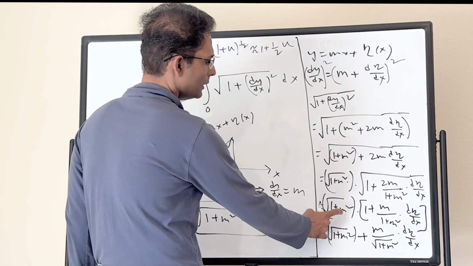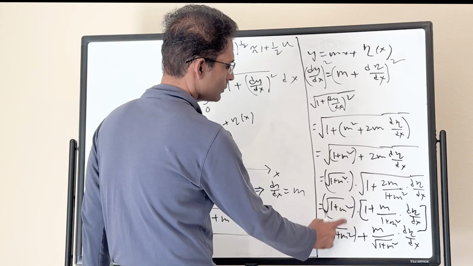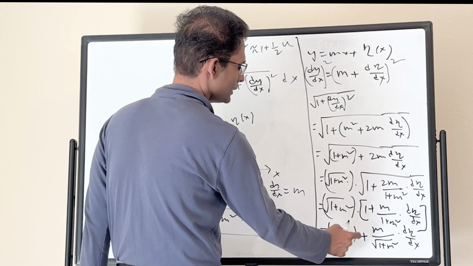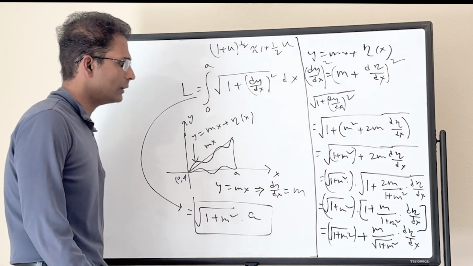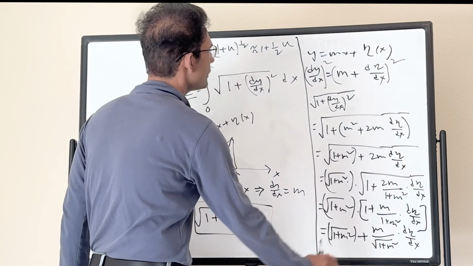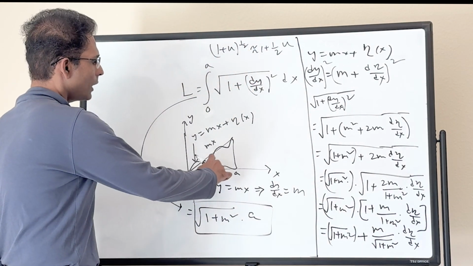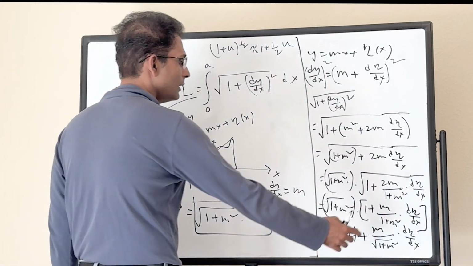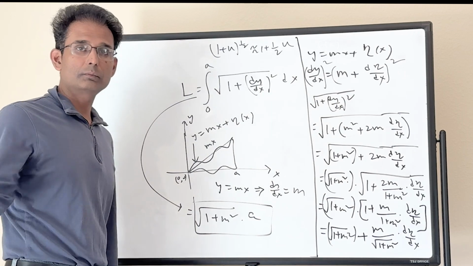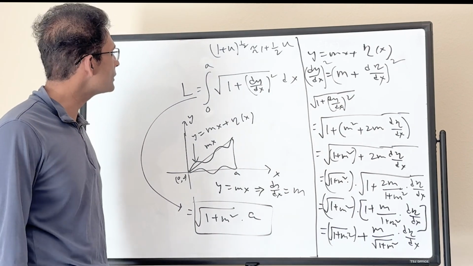Do you see what I did? I'm just distributing this expression to the two terms. So this is the length of this arbitrary curve, up to the first order of variation in eta. We just discarded all the second order variations.